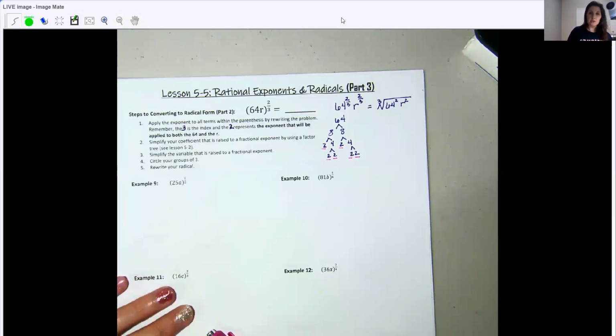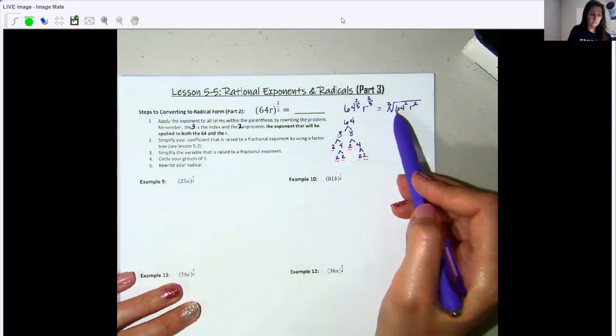Okay, so there's different ways that you could do this. You could go ahead and write out all 12 2s, which a lot of people end up doing just to help eliminate mistakes. Or you can know that in this group, you have 2 groups of 3, which means you're going to end up with 4 groups of 3 because you had to square that 64.